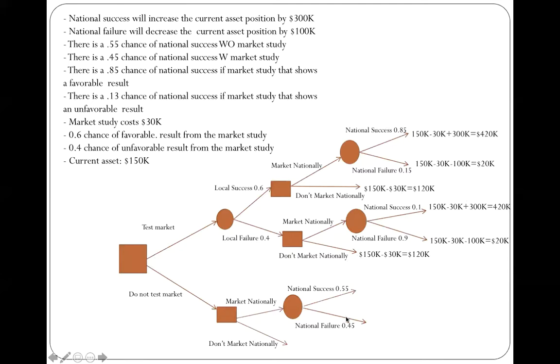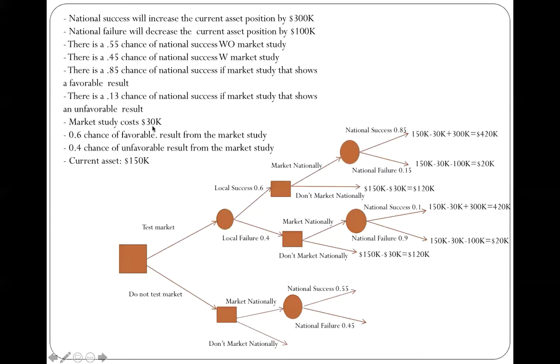Okay, how about these other three terminal nodes? How about this one? When are we going to end up here? If we decide not to test the market locally, however, we decide to go ahead and just do the national marketing, and we observe a national success. In this scenario, we start with an initial value of 150K.